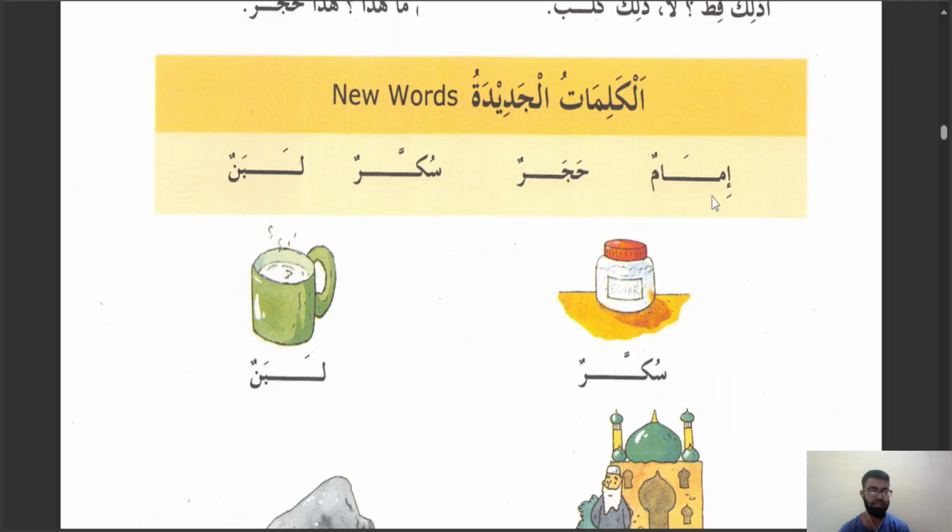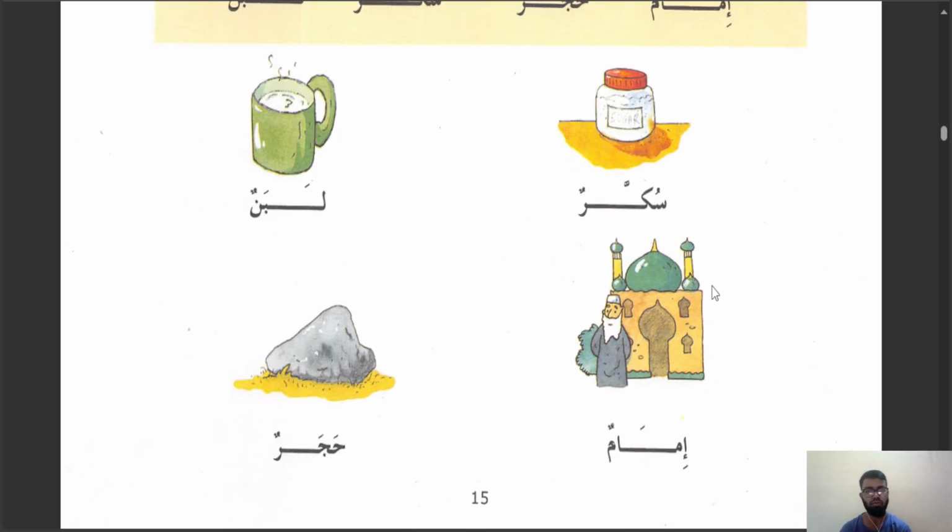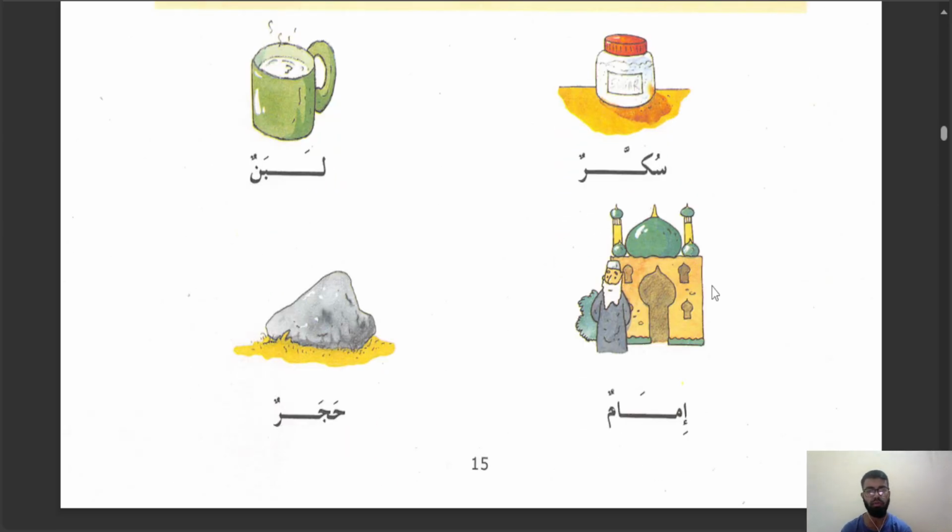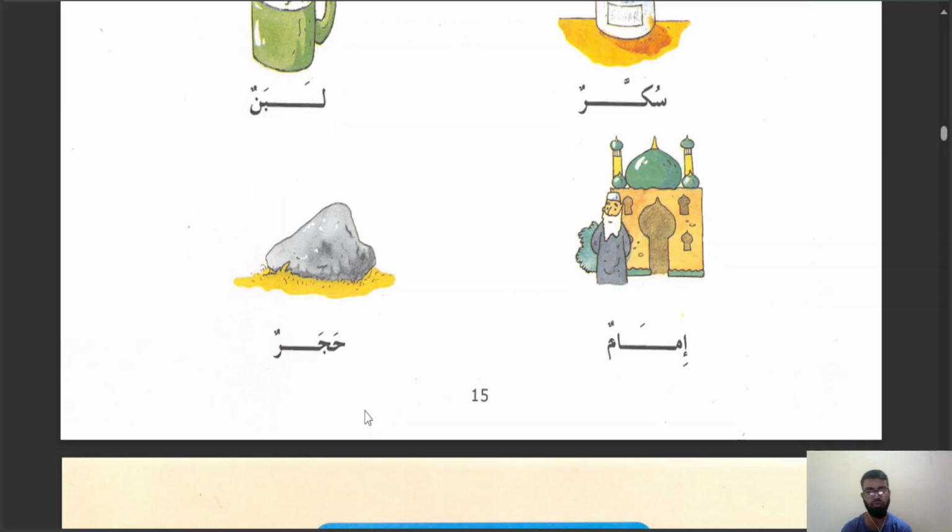It means basically a leader, but in general terms, it means someone who leads prayer in a mosque. Hajarun is a stone, sukkarun is sugar, labanun is milk. We have the same thing here with the pictures. Sukkarun, sugar; labanun, milk; imamun, imam; hajarun, stone.